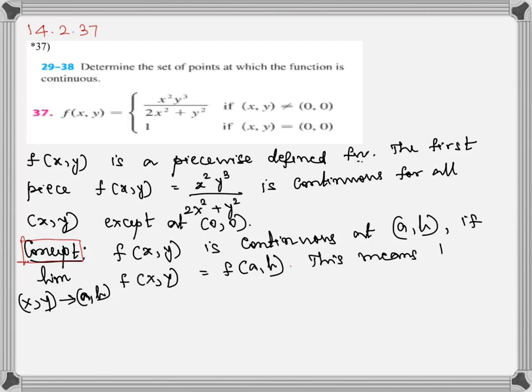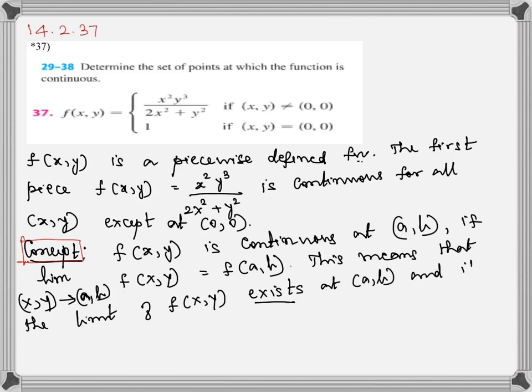So this means that the function f of x y has a limit at (a, b) and also the value of the limit and the value of the function at (a, b) are the same. The limit of f of x y exists and it is equal to the value of the function at (a, b), namely f of (a, b).